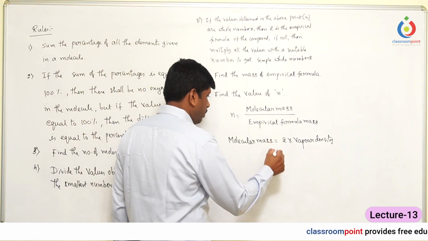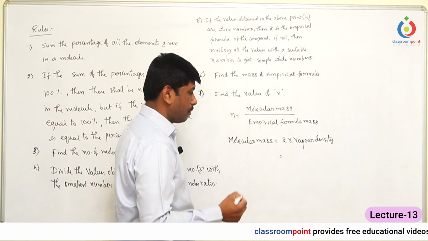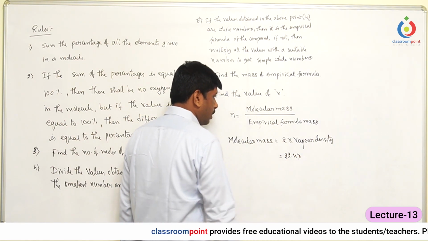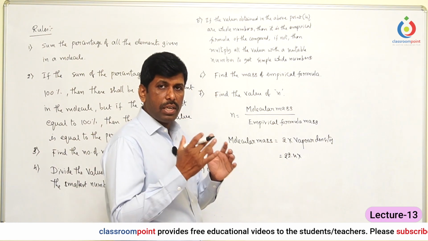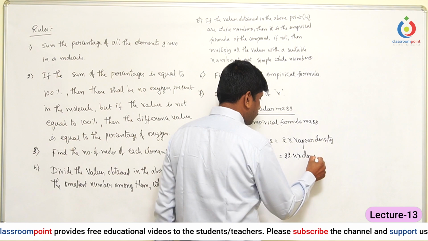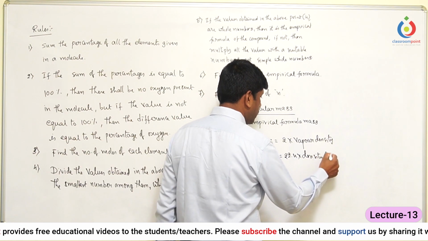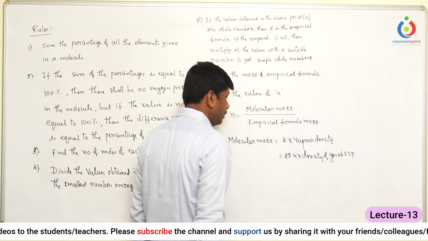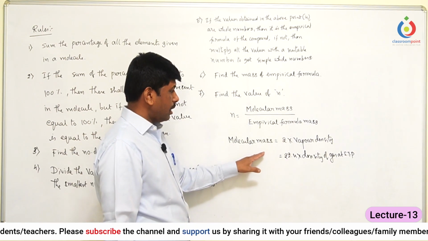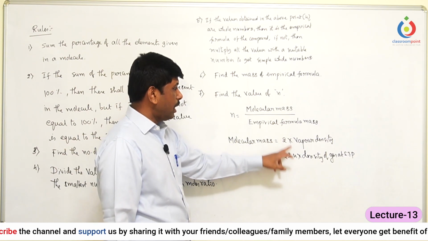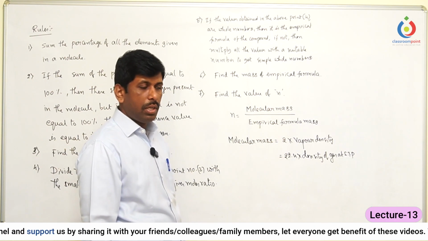And sometimes they don't give the vapor density, but they give the volume. That is, 22.4 is given. Then you have to take the density of that gas at STP. So molecular mass is 22.4 into density of gas at STP. So using these two, we can calculate the molecular mass. If directly molecular mass is given, we can take that molecular mass.